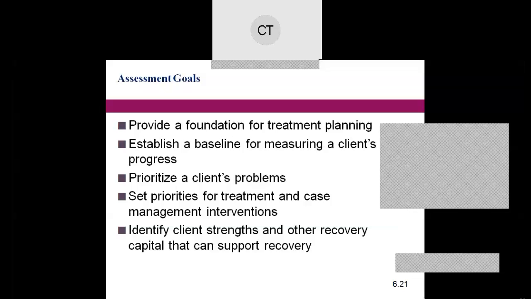So every person, when they come to the center, has certain strengths. What we call recovery capital is the personal strength and the support that he gets from his family and the community. That also needs to be identified during the assessment. Why do we identify the strength of the person? Because if his recovery capital is good, the recovery is also good.